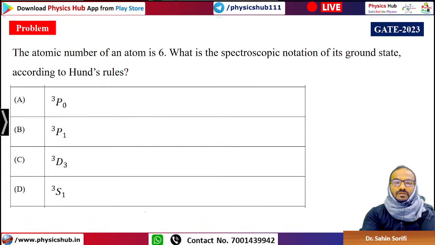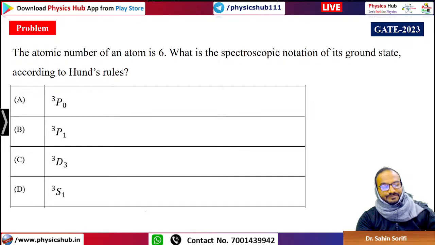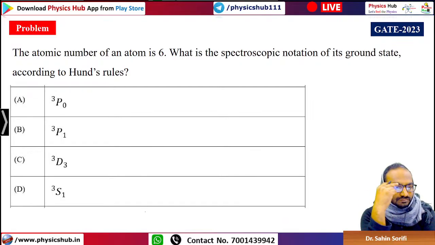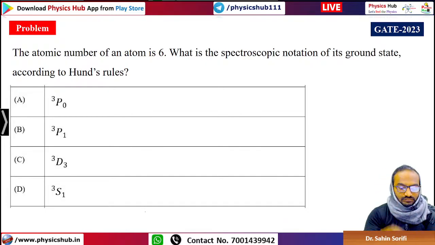So let's solve this question. This came in GATE 2023. The atomic number of an atom is 6. What is the spectroscopic notation of its ground state according to Hund's rule? Simple question, do it. Spectroscopic notation you have to find out.